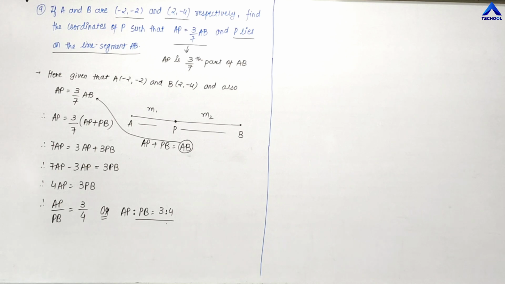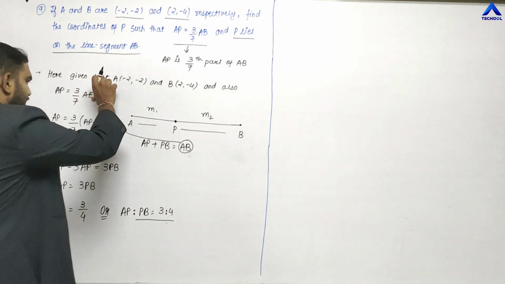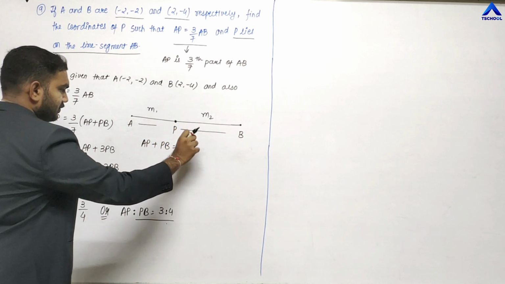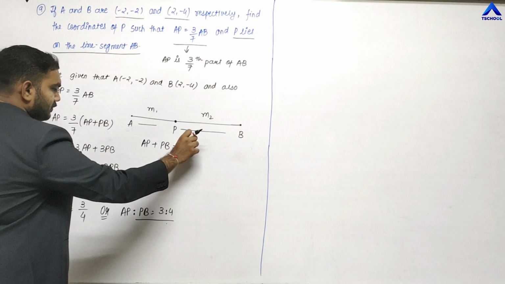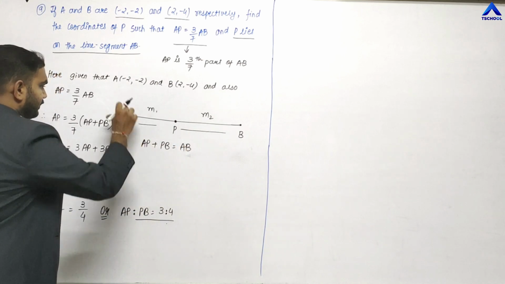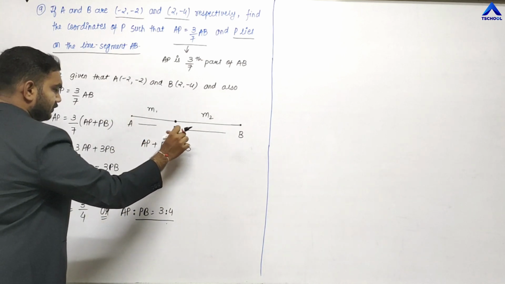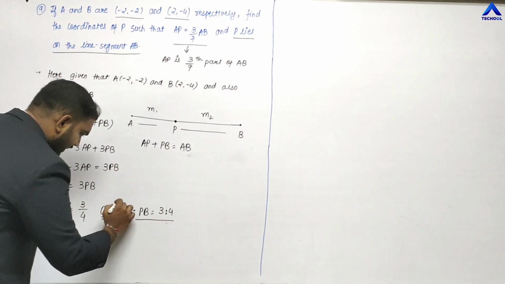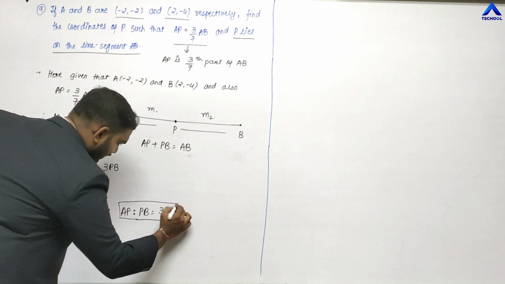Now we need to find out the coordinates of P. So let me erase this now here. Is it good? So we got the ratio here, that is our M1 is to M2.